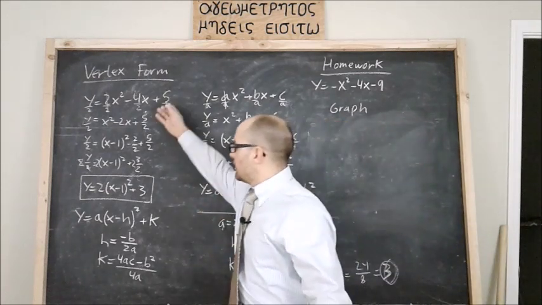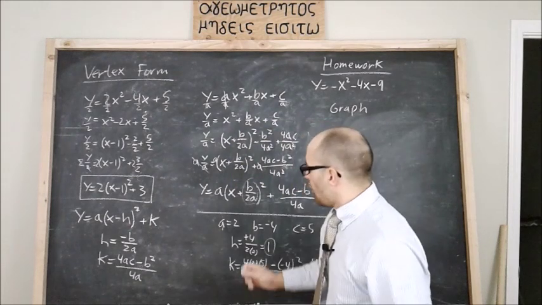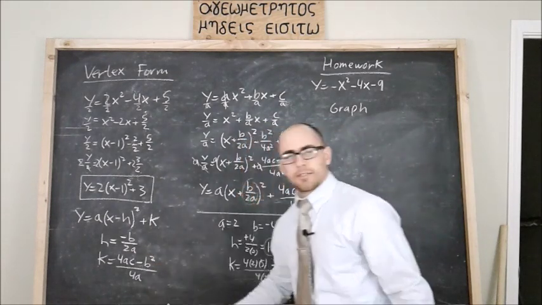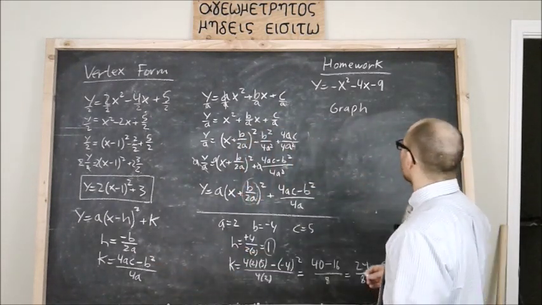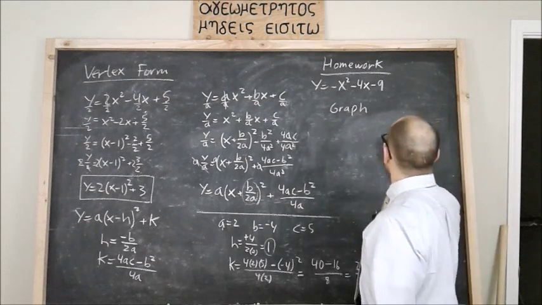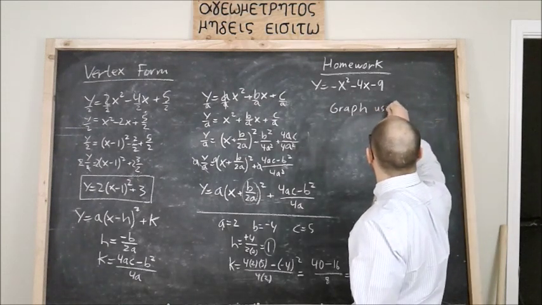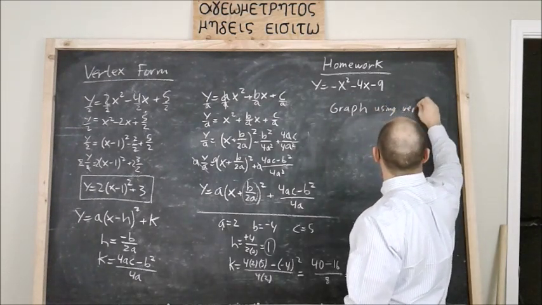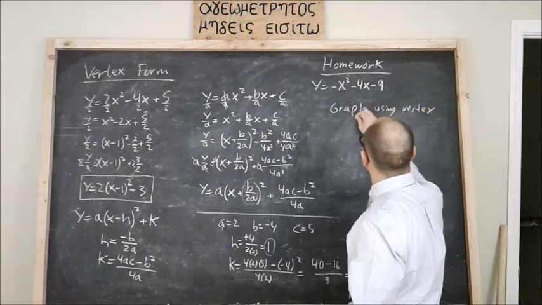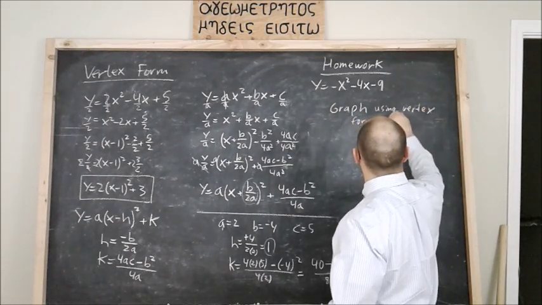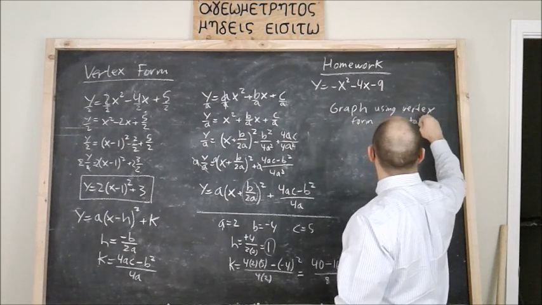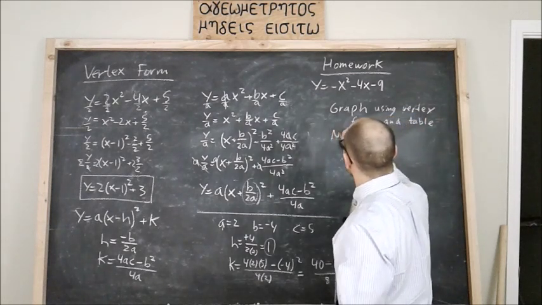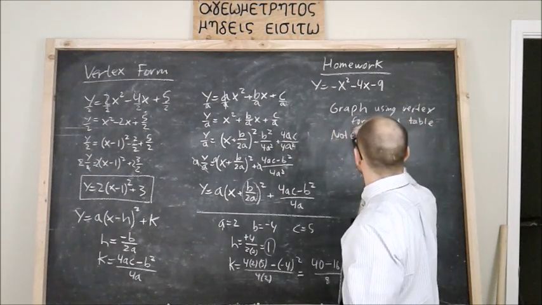You can either complete the square the long way or use the shortcuts that we've derived. Graph using vertex form and table.